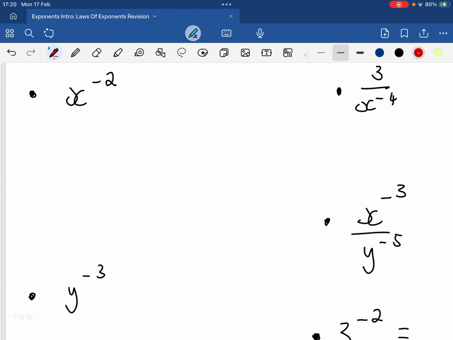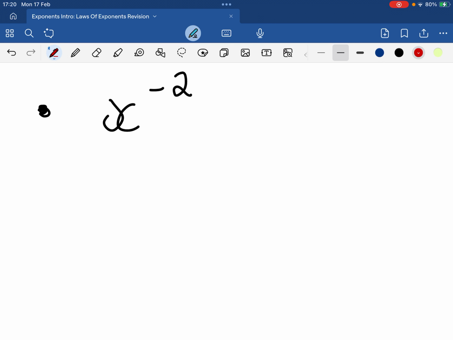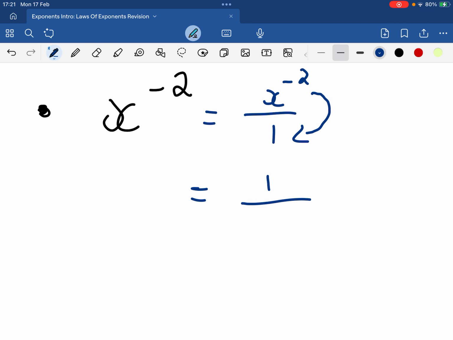If you have x to the power of negative 2, remember, this is the same as having x to the power of negative 2 over 1, right? What we're going to do is move this entire variable down to the denominator. We are allowed to do that as long as we change the sign of the exponent. So then this becomes 1 over x to the power of positive 2.